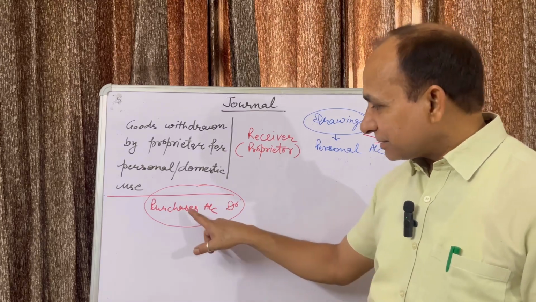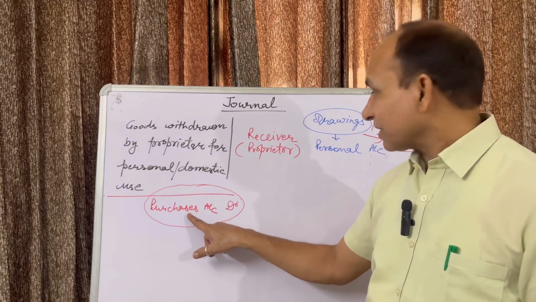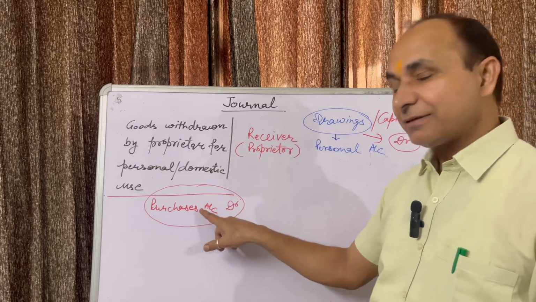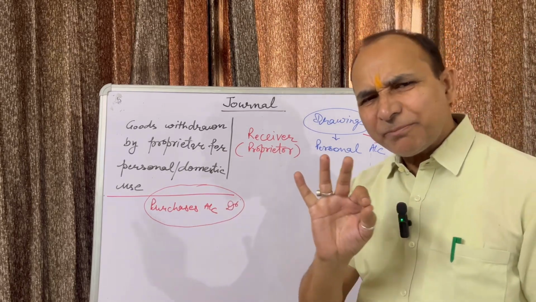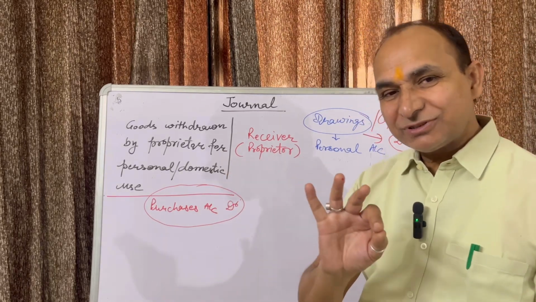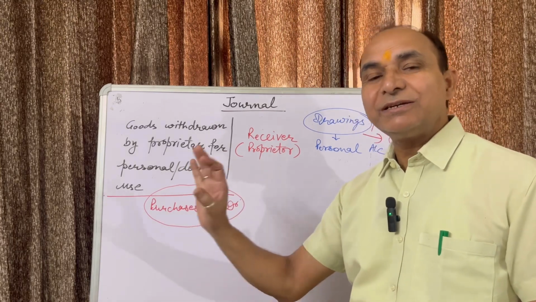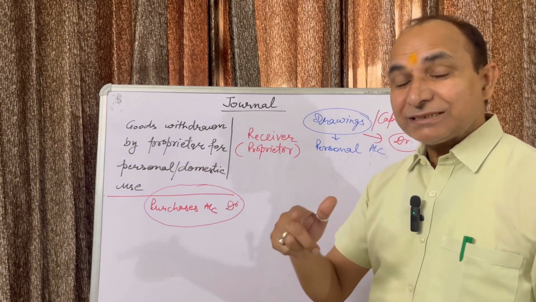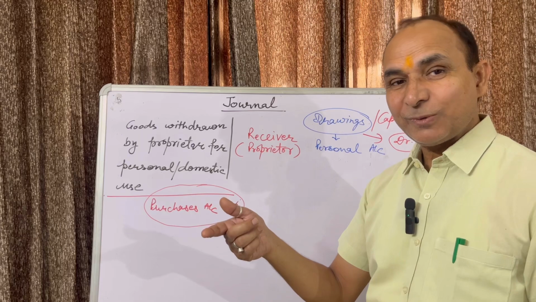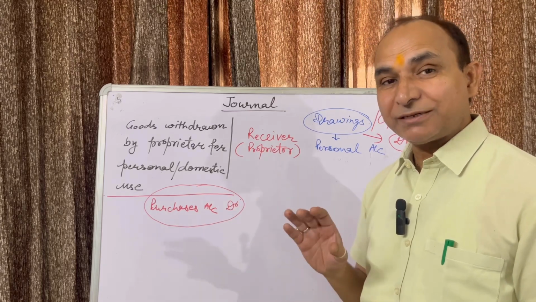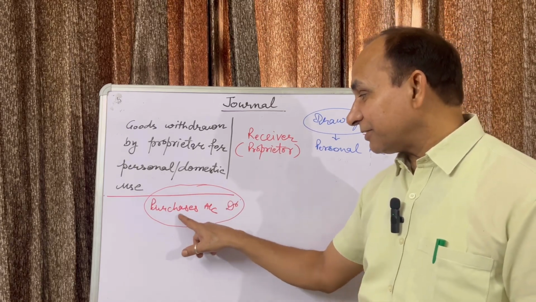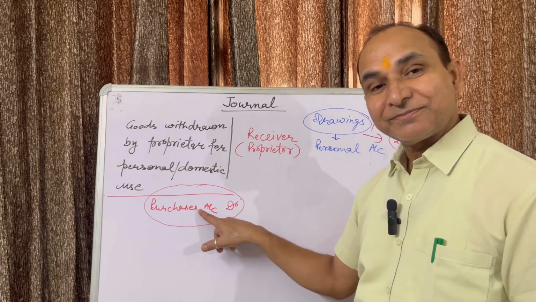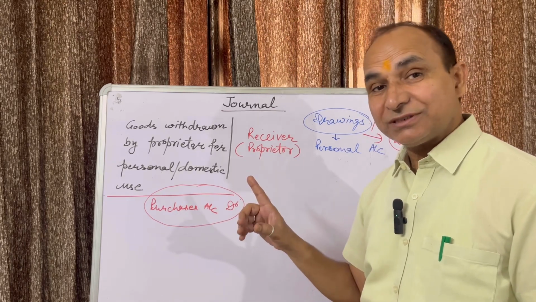But the part of goods used by the proprietor is not meant for sale. The goods are not available for sale into the market. It means the value of goods which have been used by the proprietor must be deducted from this account. Understand it? I repeat, students.